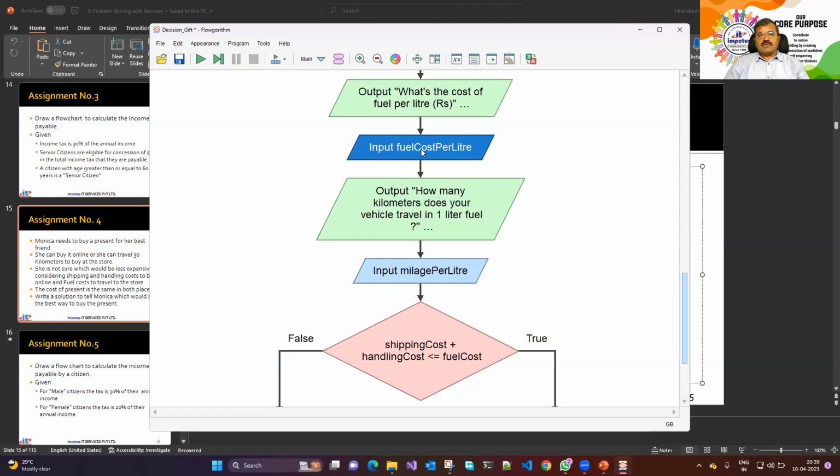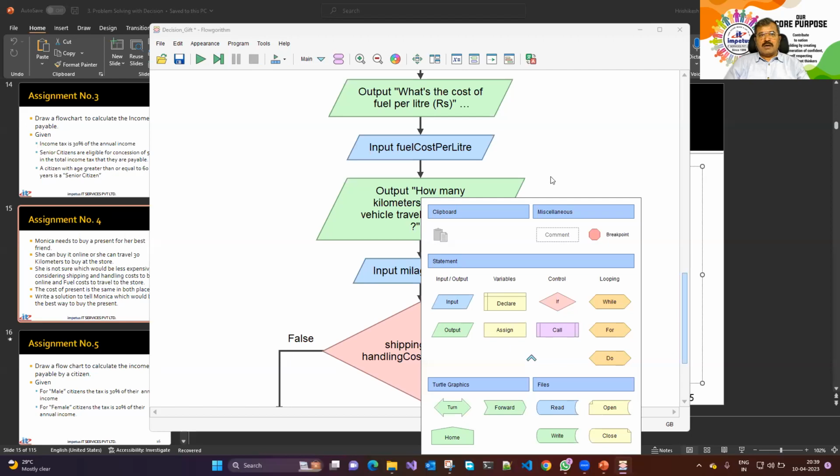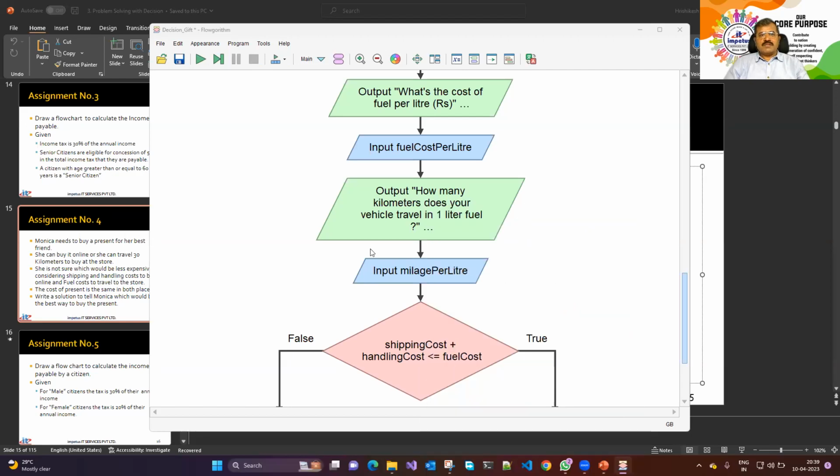So you know the fuel cost per liter and the mileage per liter, and we'll have to calculate the total offline purchase cost.